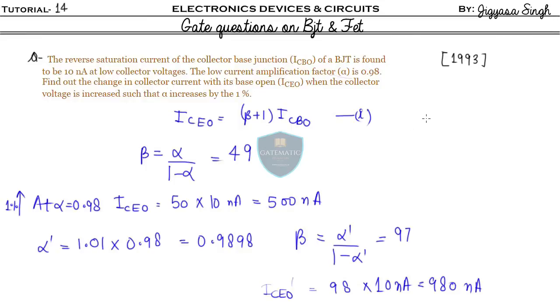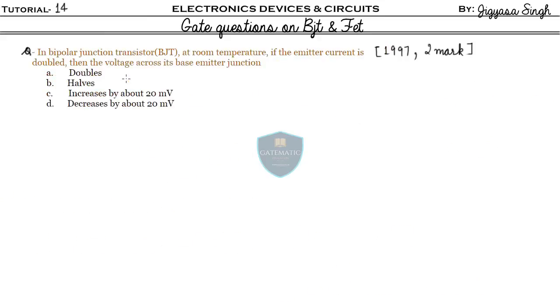So the percentage change will be given as the new one minus the old one, upon the old one, into 100. This will be 480 over 500, right? So the answer will be 96%.